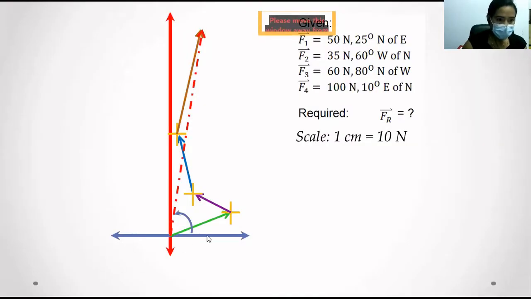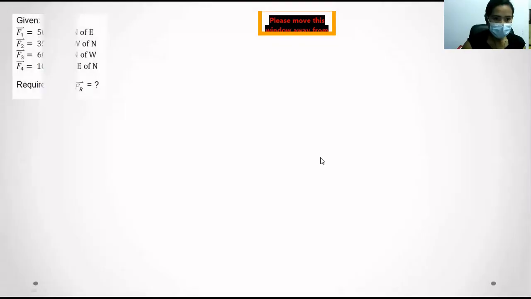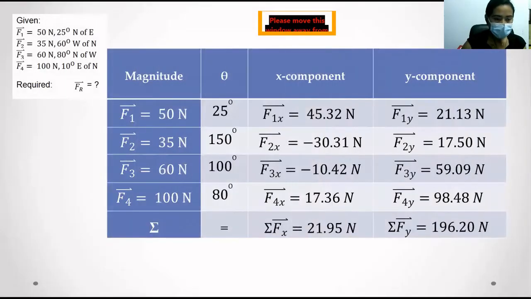So if we are to take a look at this diagram, north of east means from here going here is simply 25 degrees. So in our table, angle theta for F sub 1 is 25 degrees.